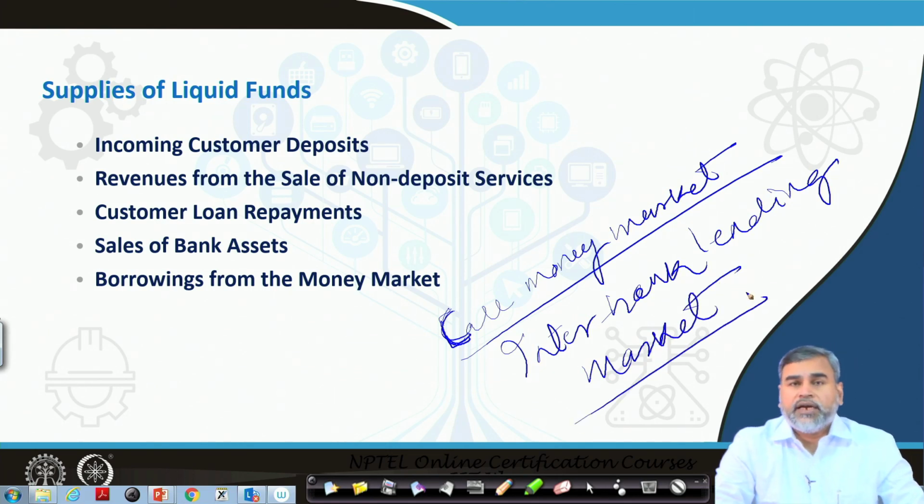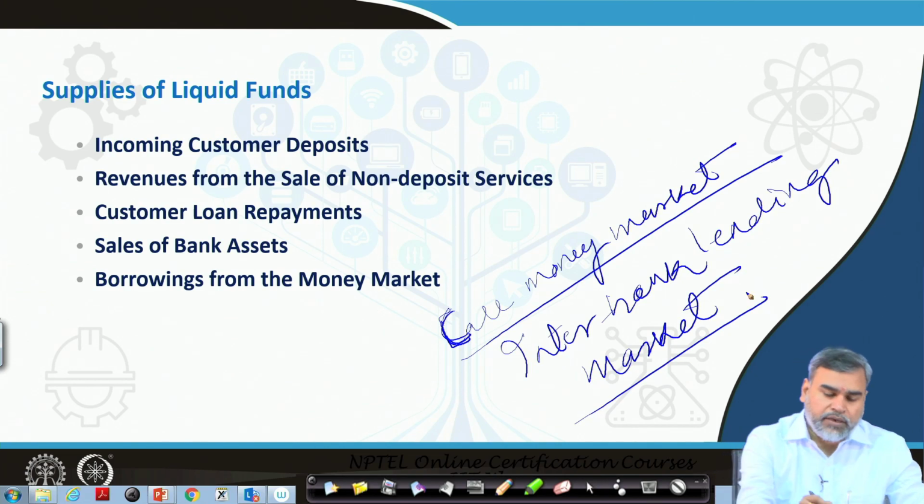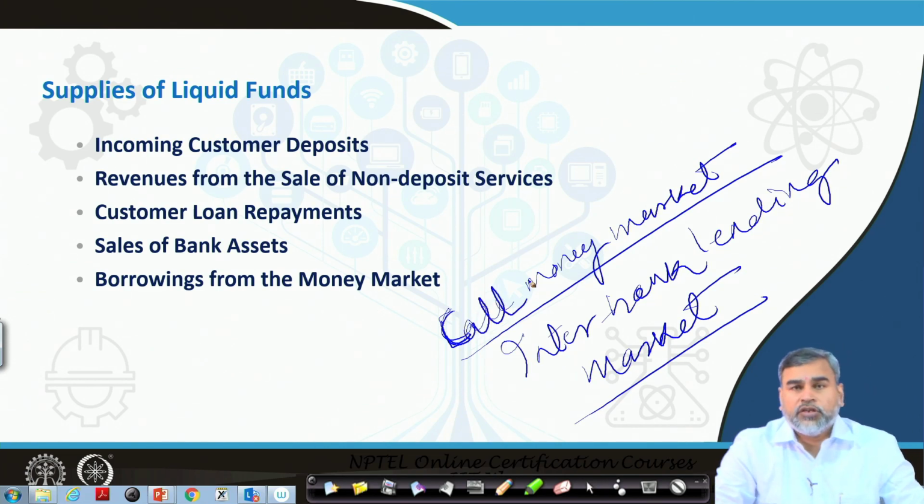From this interbank lending market, at the time of requirement, the commercial banks can borrow from each other to fulfill the day to day requirements. The call money market is very short term in nature, from where money can be borrowed on an overnight basis, and this money can be utilized for maintaining their liquidity.